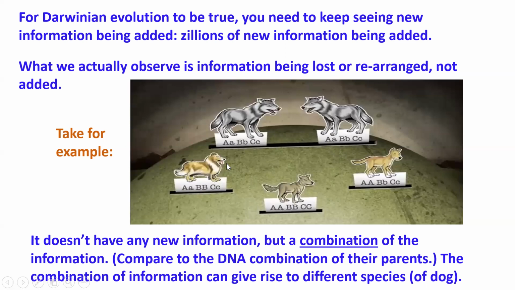You can see that the information is not exactly the same as the parents, right? This dot on the left has capital A, small a, but capital B, and capital C, small c. Whereas this dot in the middle has all capitals. And this dot on the right-hand side has capital A, capital B, small b, capital C, small c.